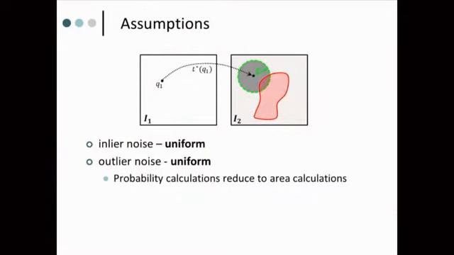Regarding the inliers, we could use a Gaussian distribution around the center point, which is maybe more realistic. What this allows us is, when we look at any kind of area in the second image, to calculate the probability of a point landing in that area, we just have to measure areas inside the circle and outside the circle to get the probability.